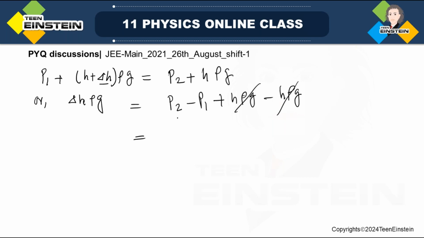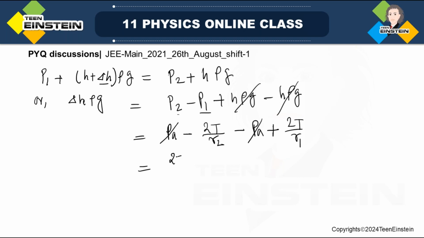So here I have got P2, which I know is atmospheric pressure minus 2T by R2, and P1 is atmospheric pressure minus 2T by R1. The atmospheric pressures will cancel each other.